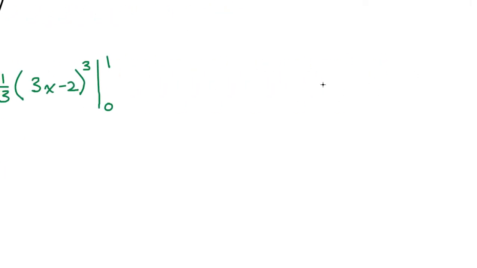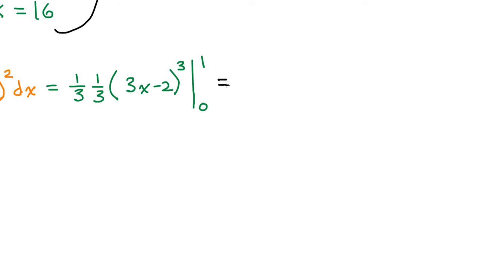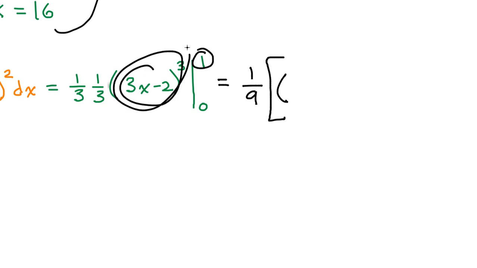Do I have any room on the right? Oh, I have plenty of room. So this is now equal to, I really want to think about this thing as 1/9. So it's going to be 1/9. And here's a cool trick. If I have some number out here, I can leave that number factored out, which means when I factor this thing out, now I'm going to only worry about plugging this 1 into only this stuff right here.